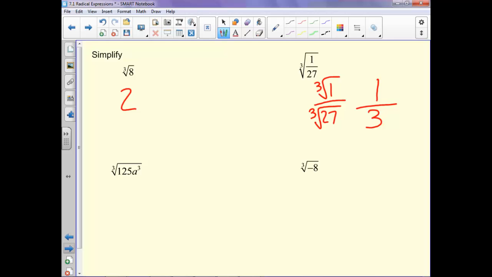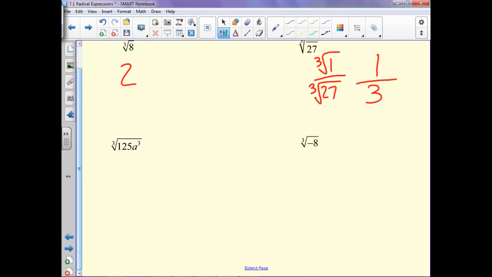Same thing here. What cubed will give us 125? Well, that's 5. What cubed will give us a cubed? That's just a. Notice we don't need the absolute values anymore, because this time the sign actually matters.